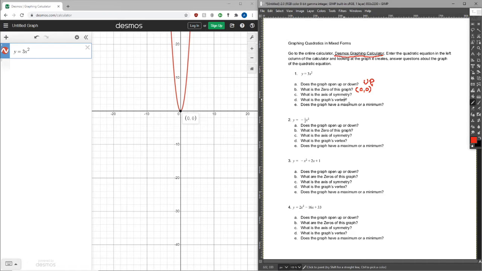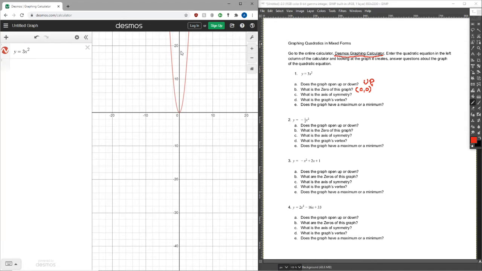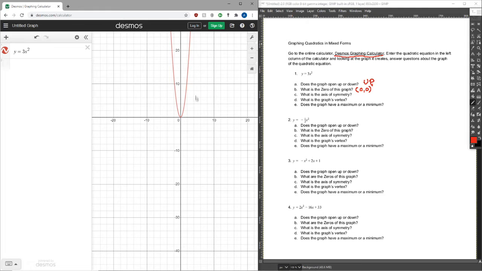Okay, what is the axis of symmetry? Now the axis of symmetry is that line that splits the graph in exactly half right here. So you can see that the graph is split in equal parts right by this line that's vertical.